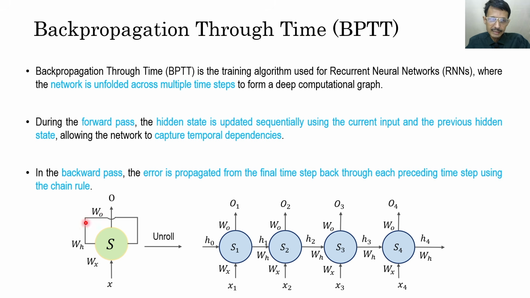Now this particular structure, if you unfold it across multiple time steps, looks like this. For a particular state S1, x1 is the input, Wx is the corresponding weight matrix, h0 is the hidden state input, and O1 is the output, with Wo the output weight matrix.